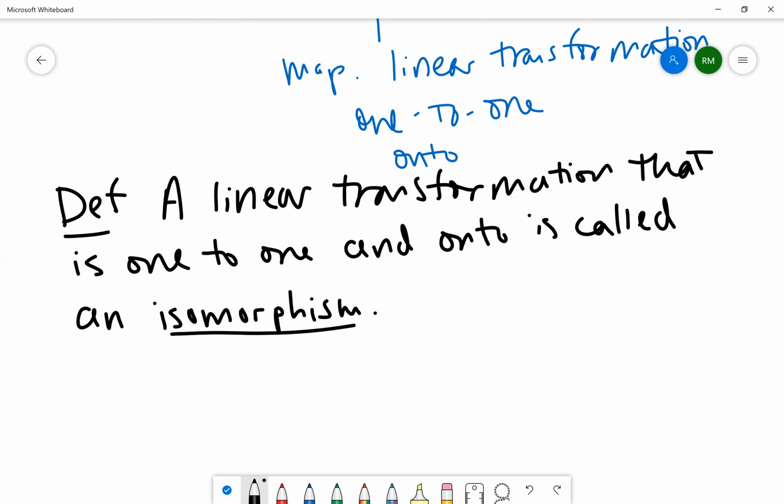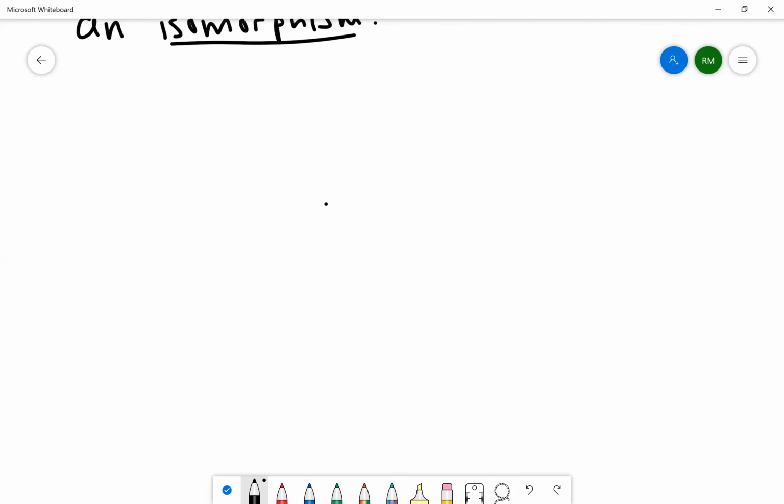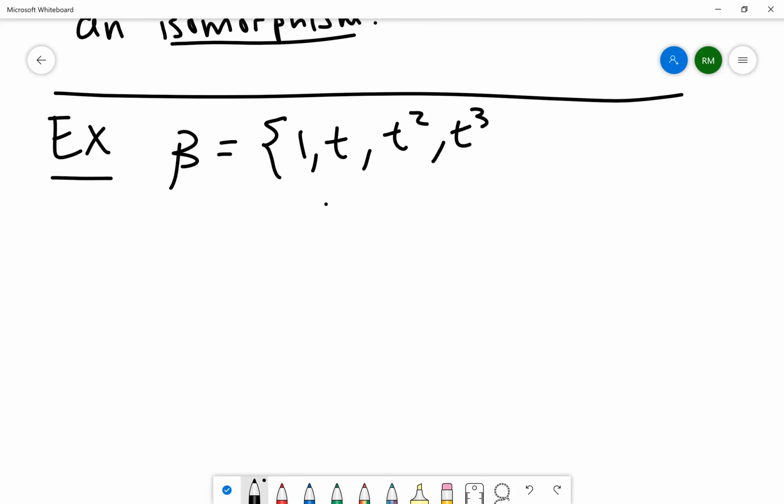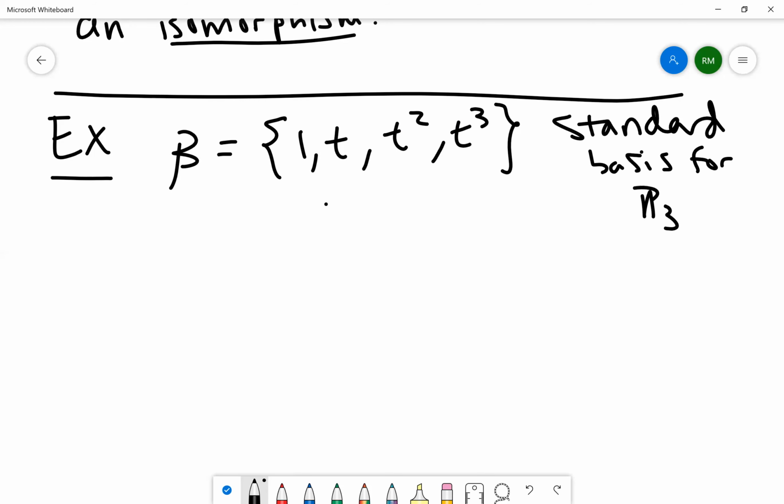Now that we've done some work there, let's switch to some other examples where you can test out what you know about P beta. So let beta equal 1, t, t squared, t cubed. This is the standard basis for P3.